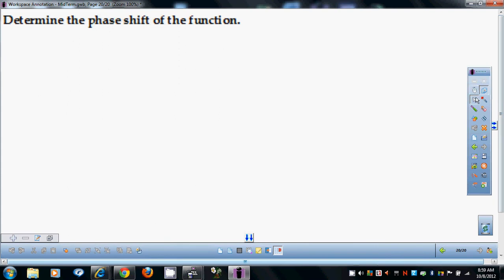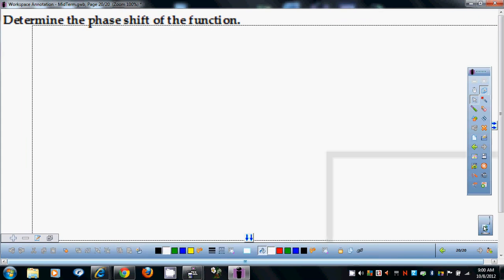Determine the phase shift. Kaylee, search through your notes and find the formula for phase shift. Kayla's actually already given it to us once. And then Shelby asked, why did you make it negative? But what was the formula for phase shift? Okay, let's start from here. True or false, it had to do with trig functions.